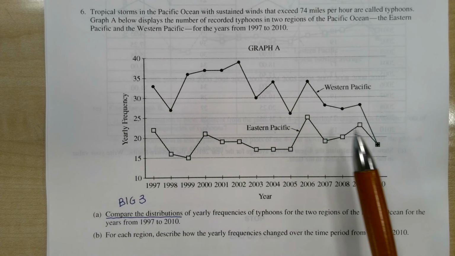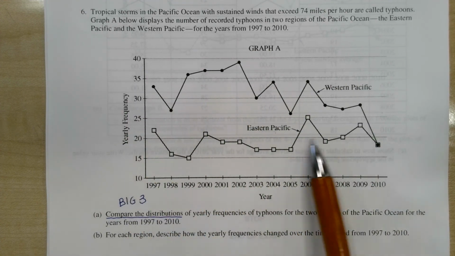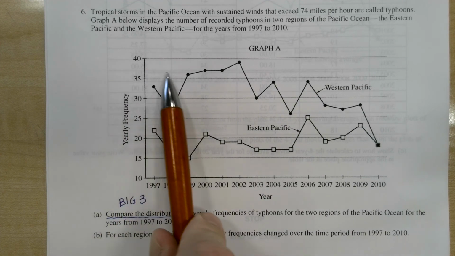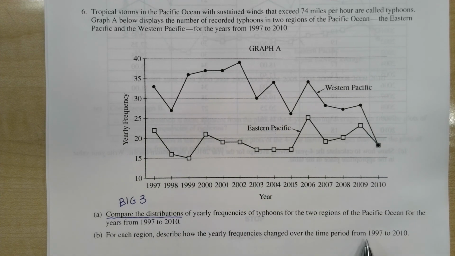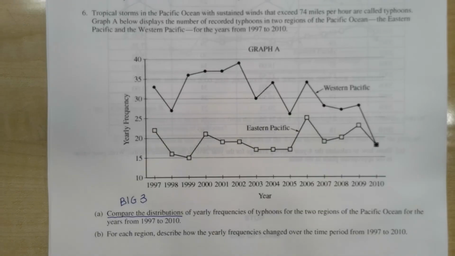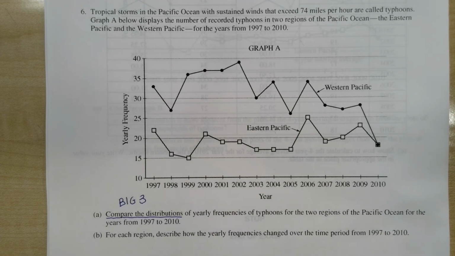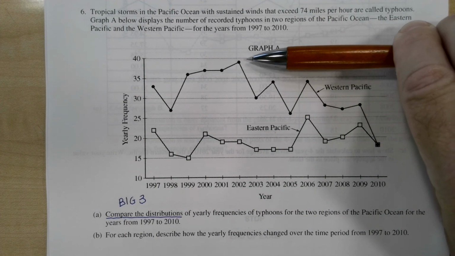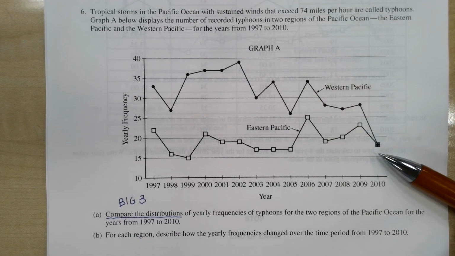The shape is actually hard. You can say they're trending, but I can see in part B they're going to talk about how they change over time. So I'm going to talk about the trend in part B. So the shape of this, I'm going to skip a little bit. But the spread, we can talk about the spread. On the Western Pacific typhoons, they have a high of 39 and a low of about 18, right?